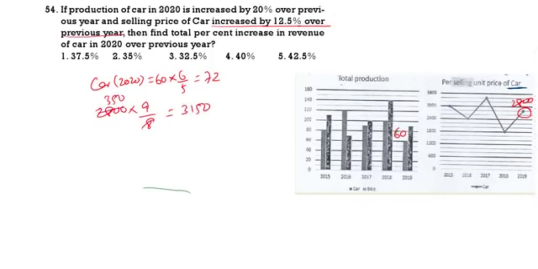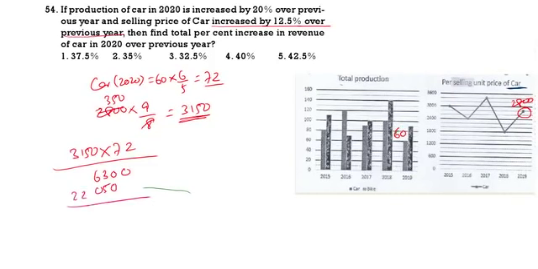Now what is the revenue of cars? 3150 is the price into 72. If you do this, we are totally getting 226,800. Over previous year. Previous year means 2019. In 2019, 60 cars are there and the price is 2,800.